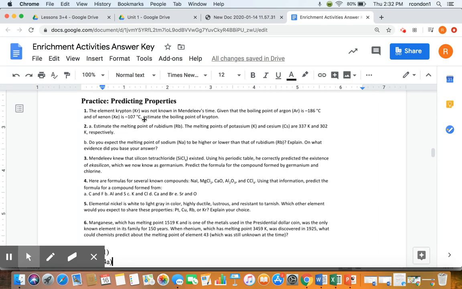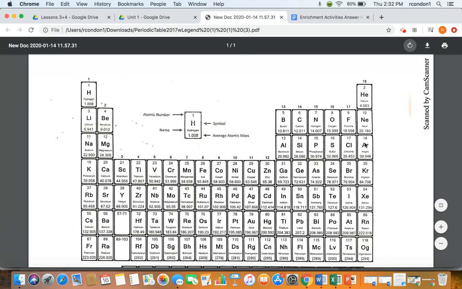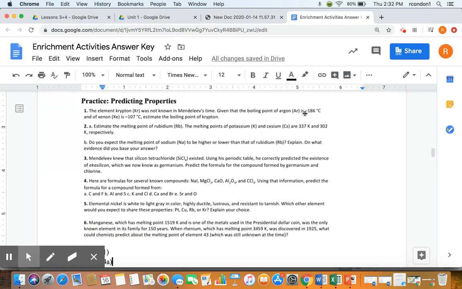So now we need to think of where krypton is in that series. We see argon is here, krypton's in the middle, and then xenon, right? And we see that this is a really cold temperature, so it's negative, so it's actually increasing as you go down. The difference here, negative 186, negative 107, would be about 80. So halfway between would be, let's say, 40 degrees, right?